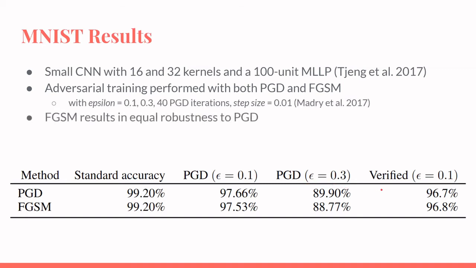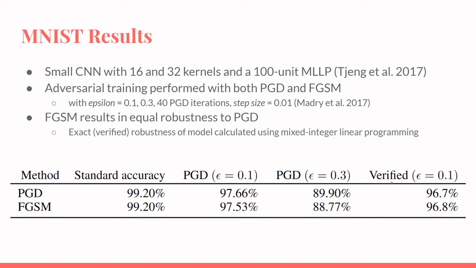Now, verified is another PGD attack which uses mixed precision training, linear programming. The only difference that we see in all of these fairly similar results is for PGD epsilon 0.3, where PGD performs better than the FGSM model.